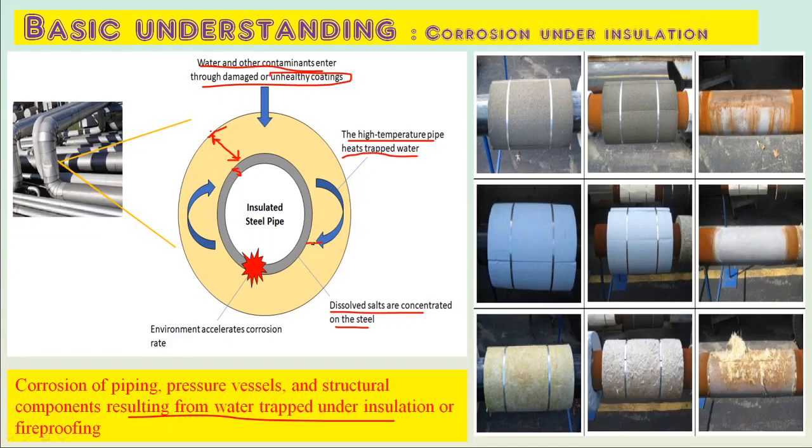Here are a few examples of insulation systems which we will see later in detail. This one is foam glass, and in foam glass you see that over a period of time, after removal, rusting has started. So there was some fault in this system, and that's why you can see the damage.